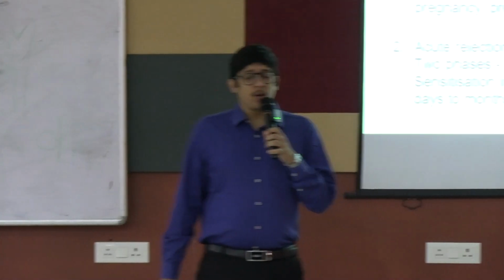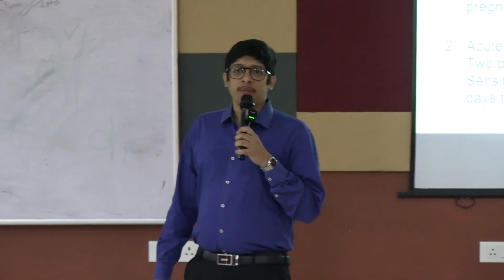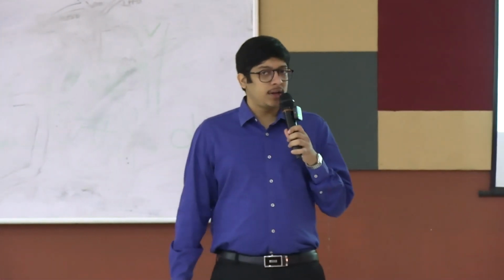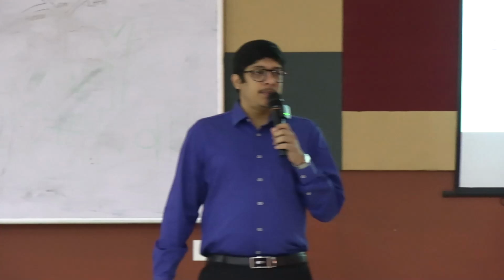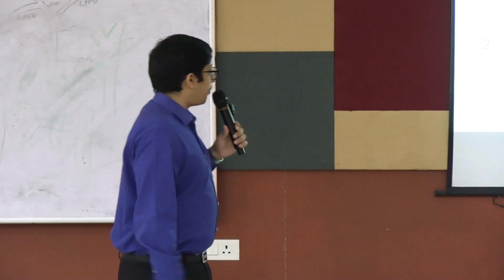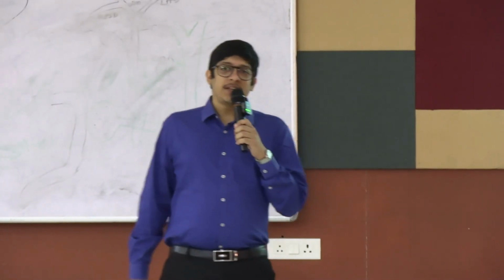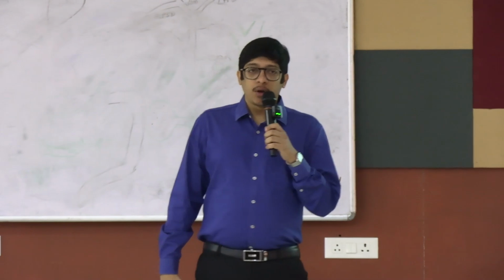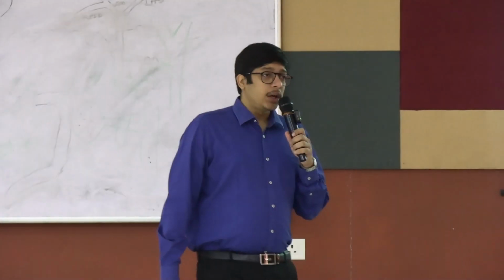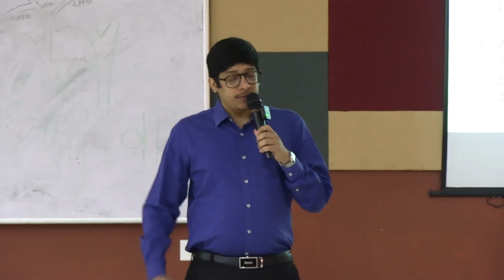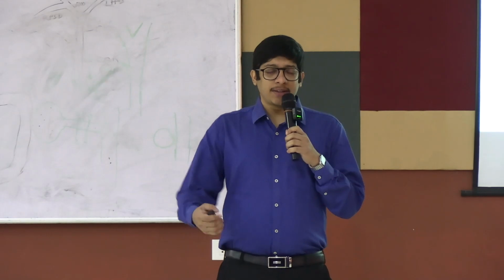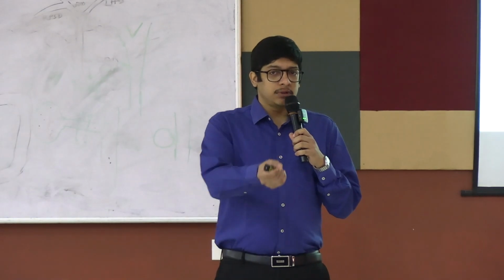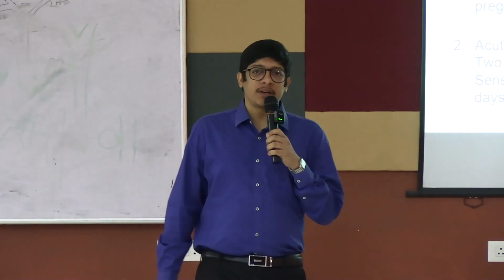So you might ask me, where do these preformed antibodies come from? Preformed antibodies come from, most commonly, a previously transplanted kidney, or with recurrent pregnancies, the mother might get exposed to antibodies of the fetus which are not self.